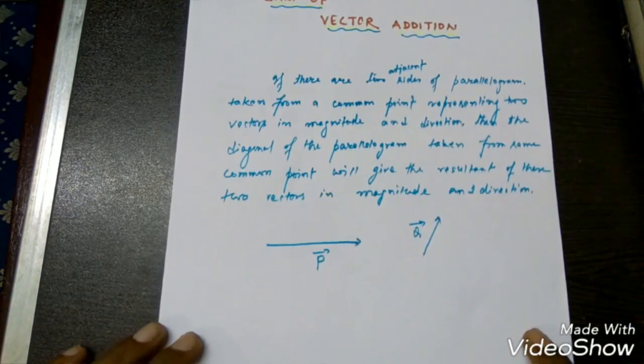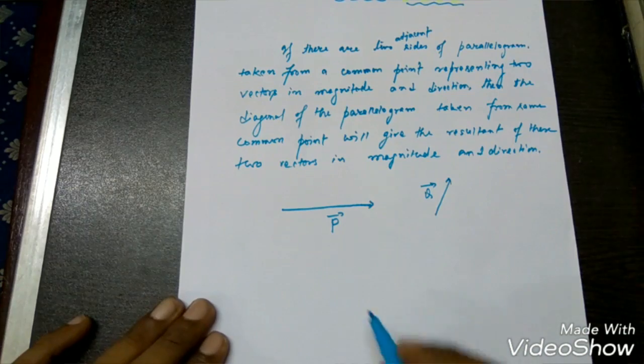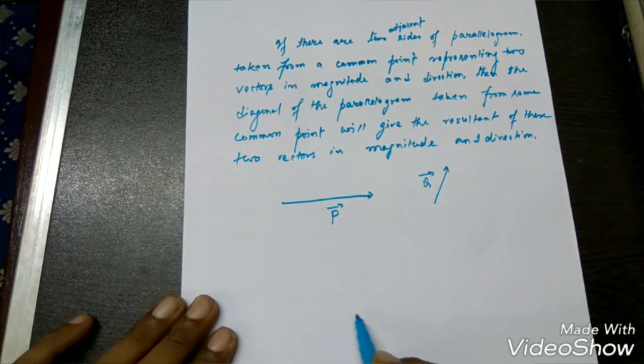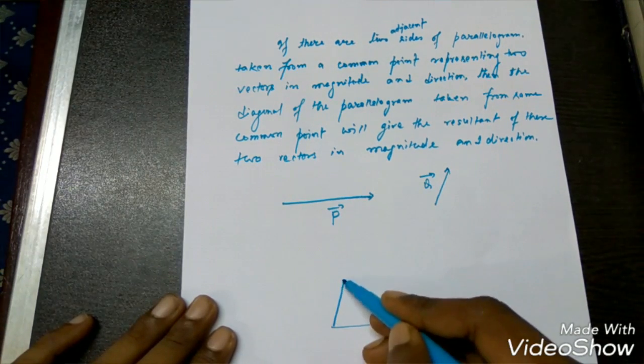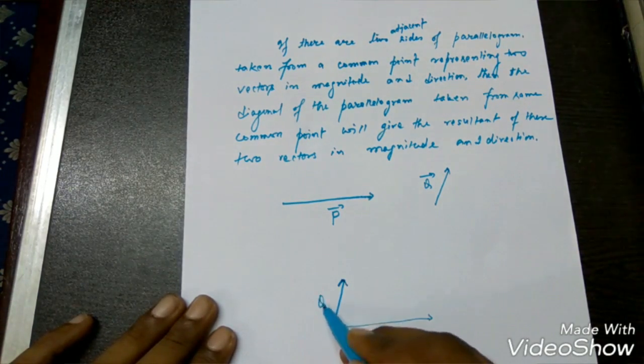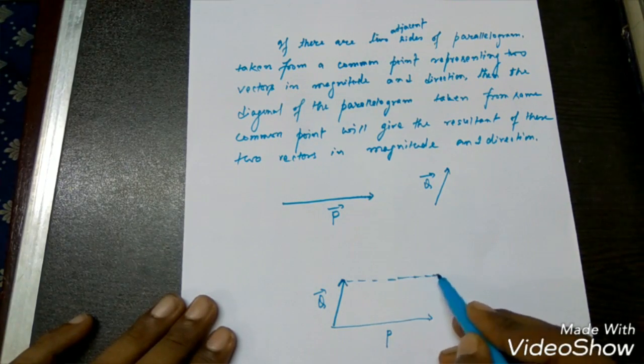Let us suppose the vectors are P and Q with their proper orientation as well as magnitude. This is the P vector, this is the Q vector. Okay, completing the parallelogram.